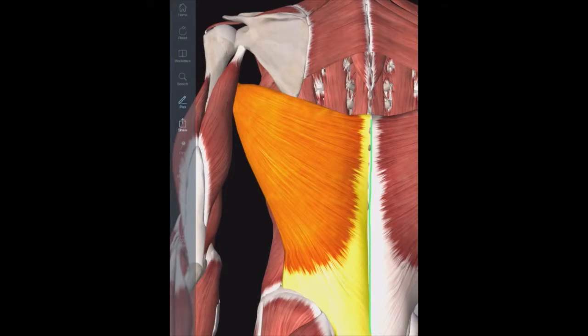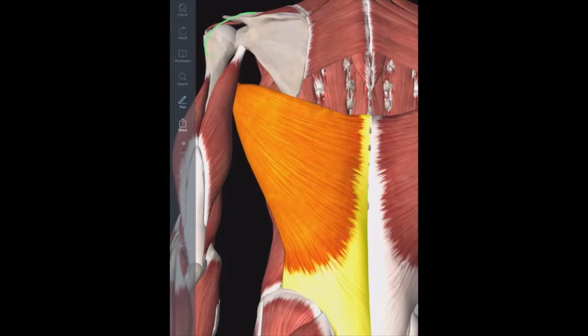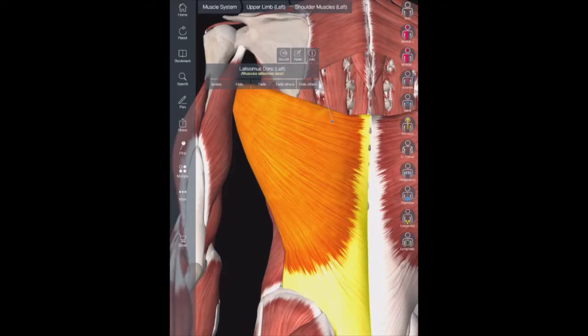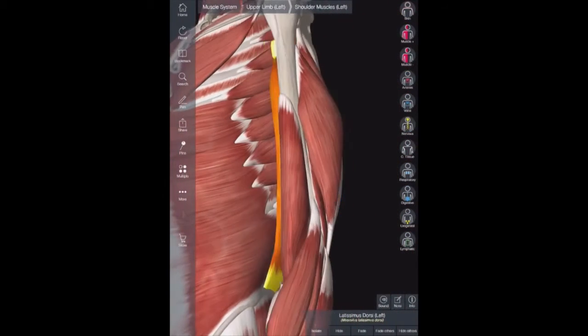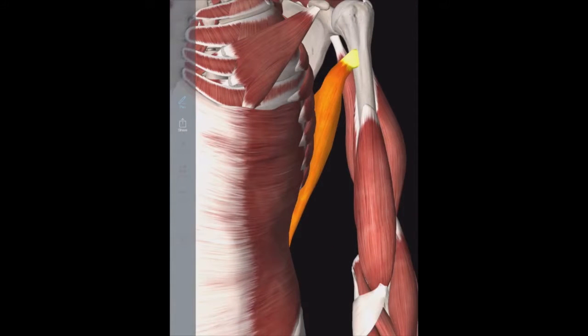The way that we can see that, I've removed a lot of the muscles from the shoulder already, and if we now rotate this section, you can see that this muscle, which began in the back, is actually attached to the intertubercular groove of the humerus, so that as it pulls, it's going to medially rotate, abduct, and extend the arm.